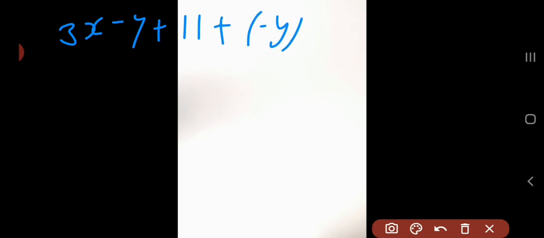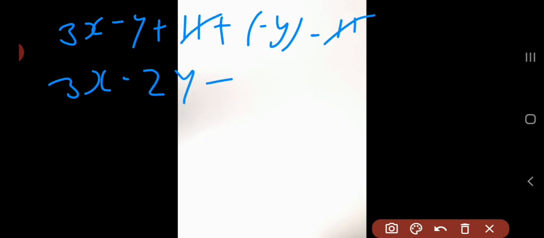So first of all, what do you do? 3x minus y plus 11 plus minus y minus 11. Then what do you get? Minus y minus y is minus 2y, and plus 11 minus 11 is cancelled, so you get 3x minus 2y. This is your expression. Now subtract 3x minus y minus 11 from 3x minus 2y.